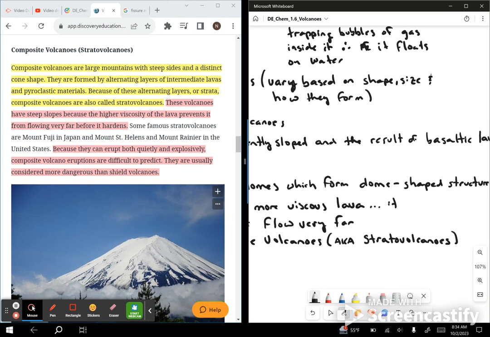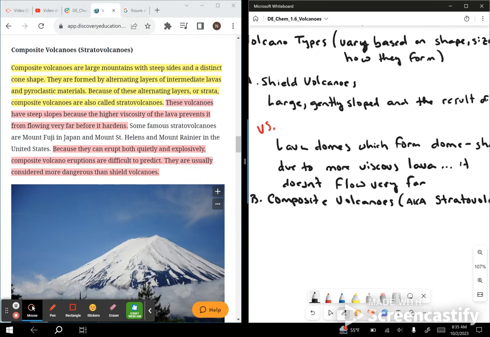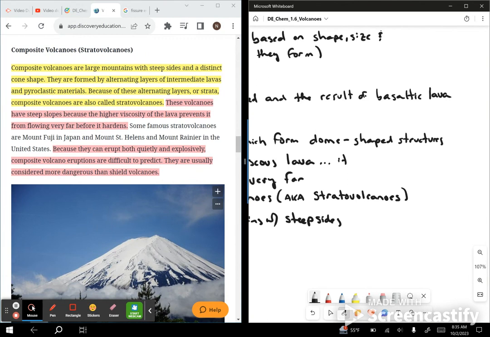Okay. As far as description is concerned, they are large mountains with steep sides and a distinct cone shape.